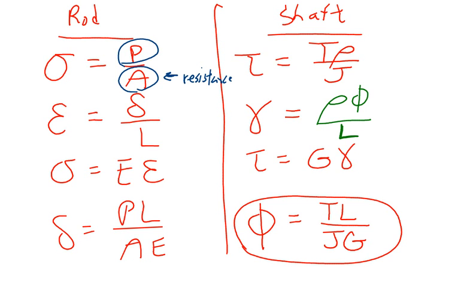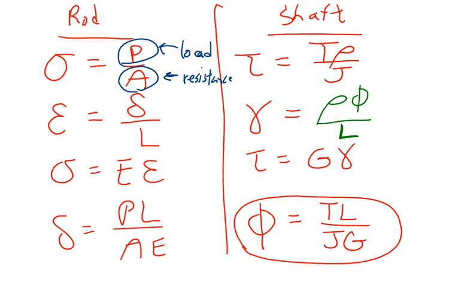So if I take two rods, one has a very large area, one has a very small area, and I apply the same force to both rods, which one has more resistance to that load? It's the larger rod, right? Because the stress is going to be much smaller in the larger rod compared to the smaller rod. Okay? So stress is a function of load and of resistance.